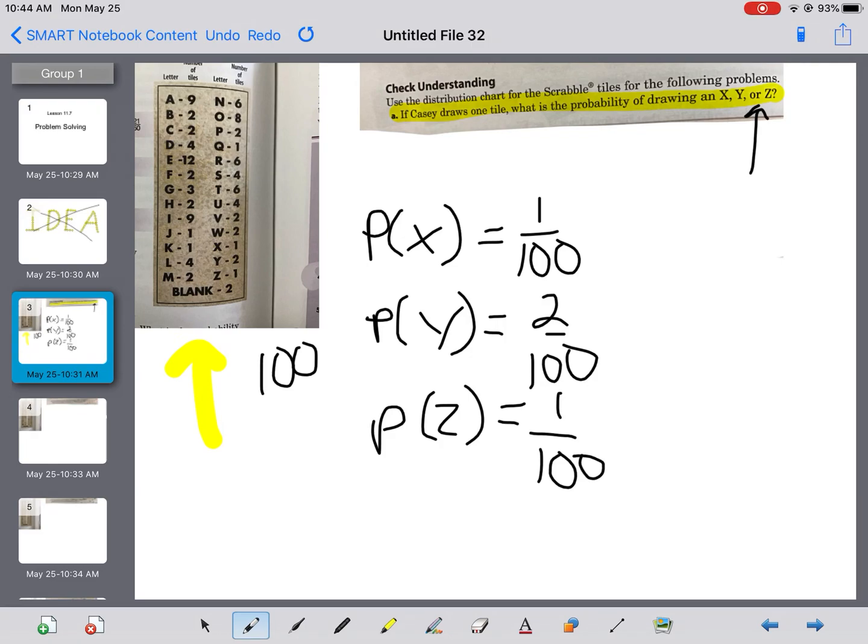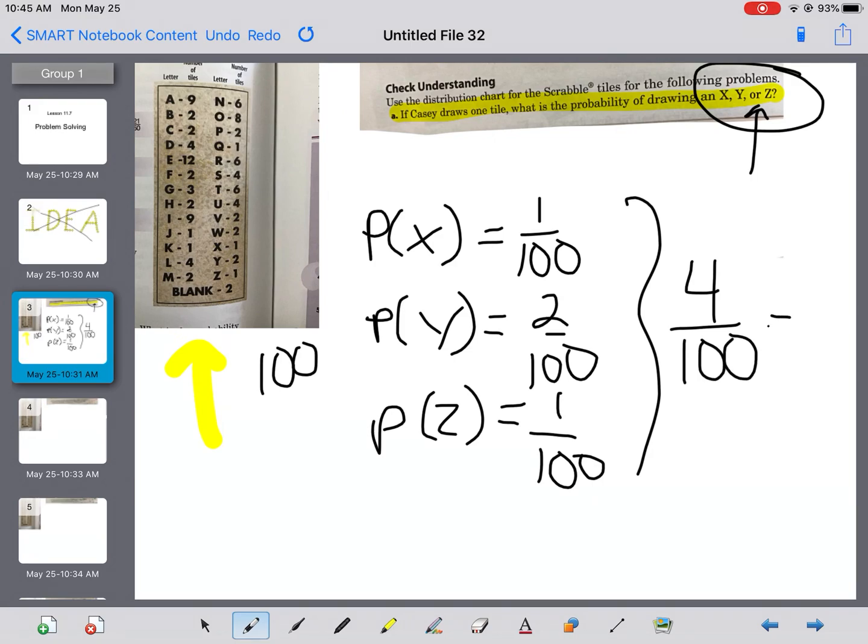Because these are mutually exclusive, which means they can't happen at the same time, all I need to do is add them together. So the chance of getting an X, a Y, or a Z is 4 out of 100, which I can simplify to 1 out of 25.